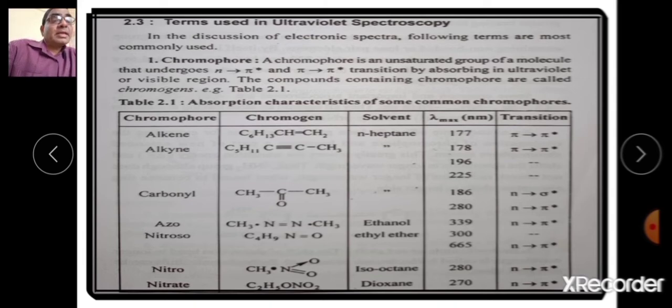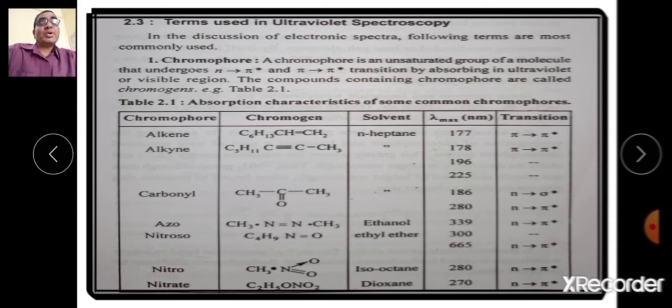What is n? That is non-bonding electrons. And next, when the lambda max is 280, the transition is from non-bonded electrons, n to pi star. Oxygen contains lone pairs. Compounds with oxygen and nitrogen are called heteroatoms, and they contain lone pairs.